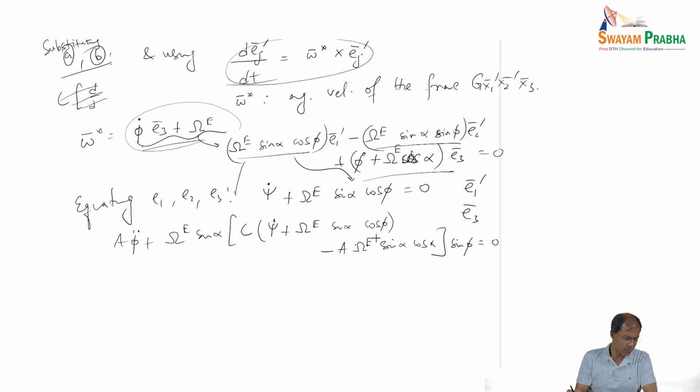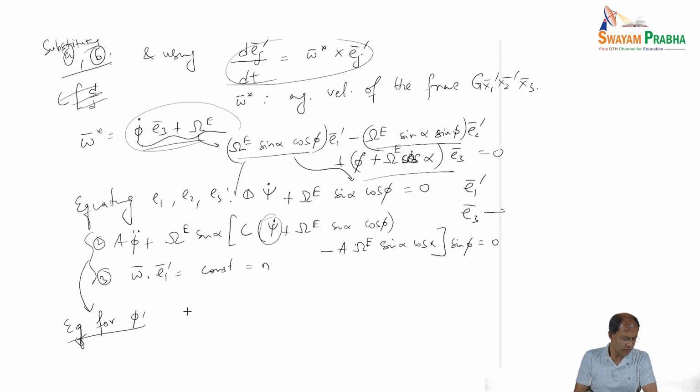Finally my third equation is the spin equation: omega dot E1 prime is a constant given by n. From equations 2 and 3, we can eliminate psi dot and find an equation for phi.